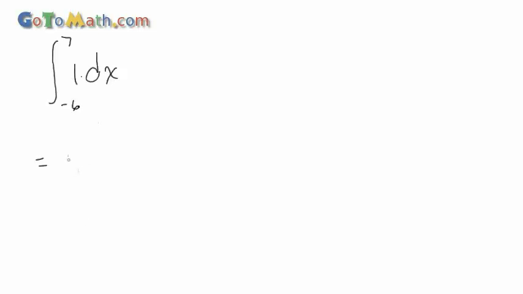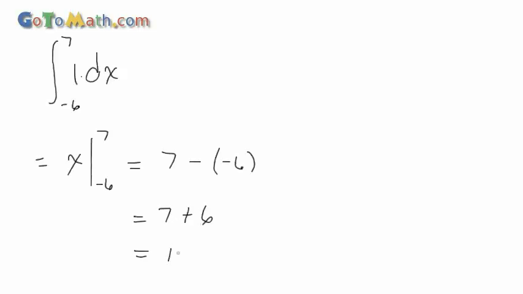So this means that we just add an x here, and we're going from -6 to 7. Alright, so we plug in the upper bound, so that'd be 7 minus the lower bound, which is -6. And you're not going to believe this, but this becomes 7 plus 6. I don't know why you wouldn't believe that, but so it looks like 13.